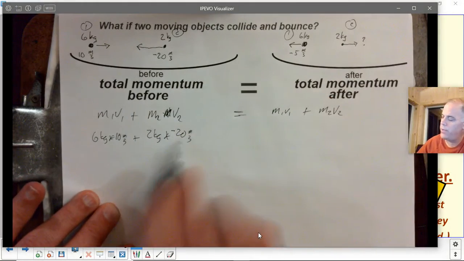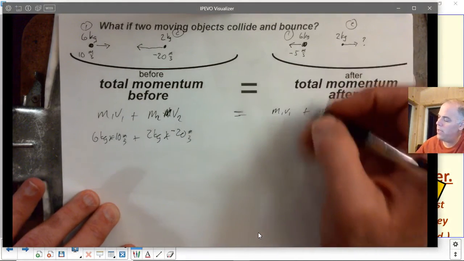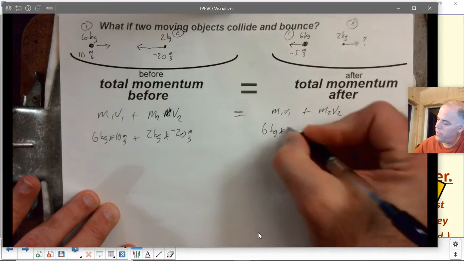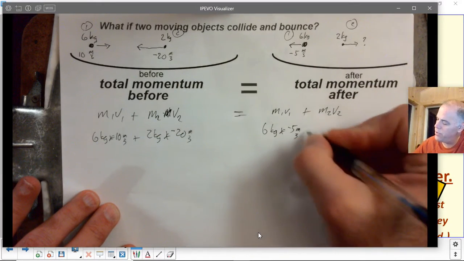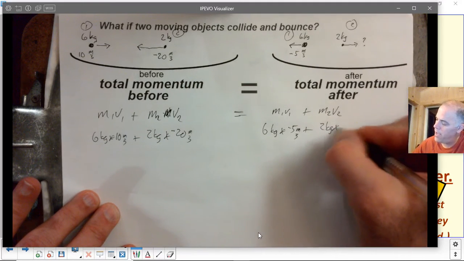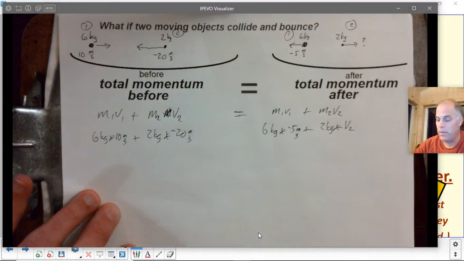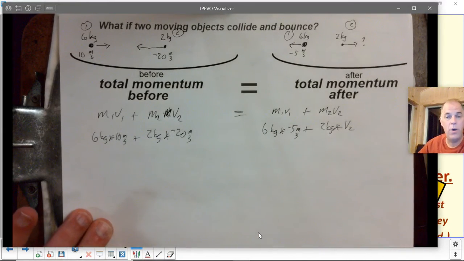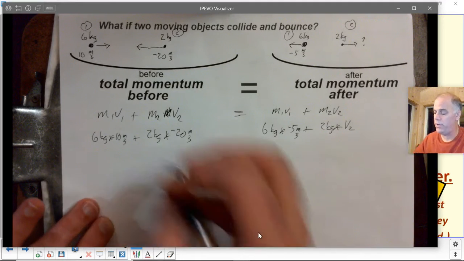That is going to equal 6 kilograms times negative 5 meters per second plus 2 kilograms times v2. So we have everything with only a single unknown. Now it's just a matter of crunching the numbers.